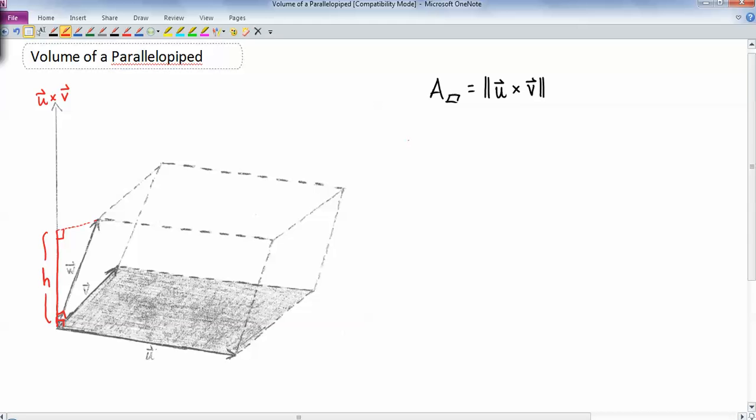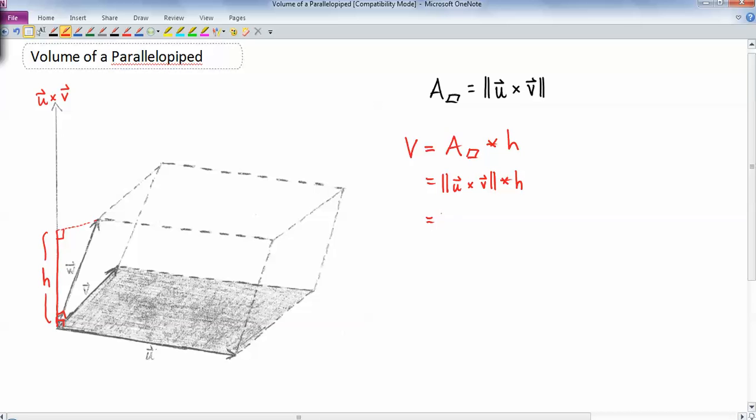Okay, so the volume of the parallelepiped will be the area of the parallelogram times H. Right? Okay, so that's the magnitude of U cross V times H. All right. Now H is really the projection of W onto U cross V, right?